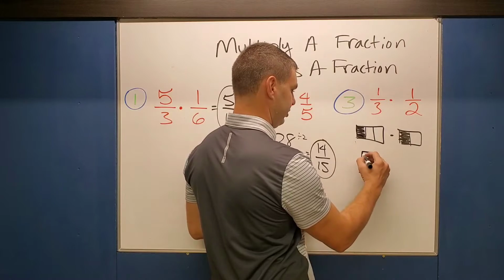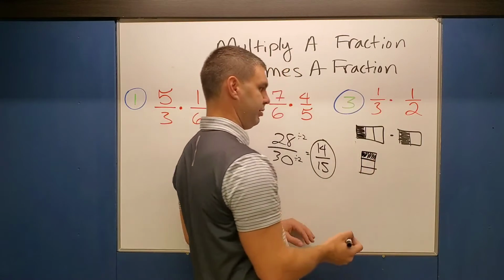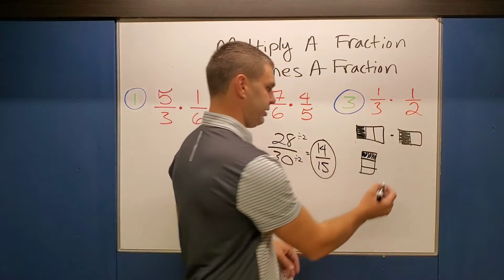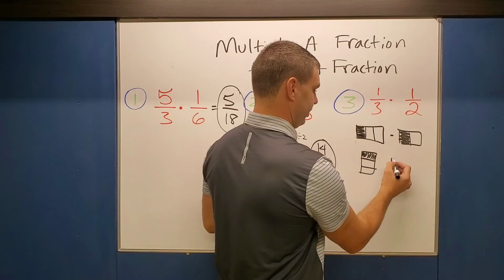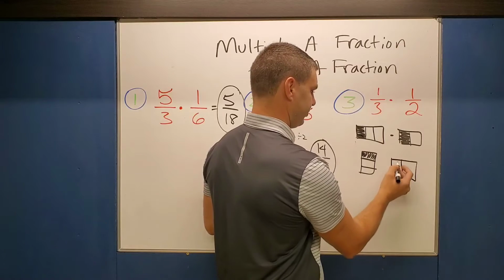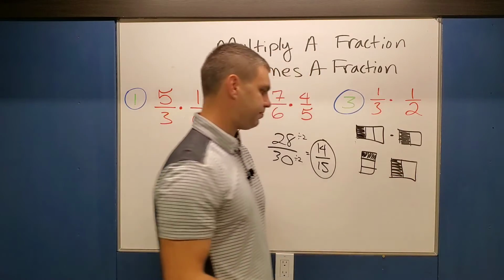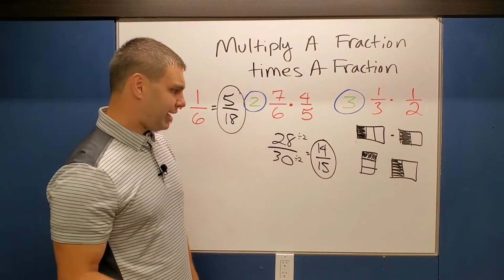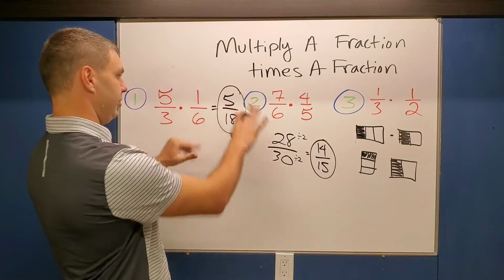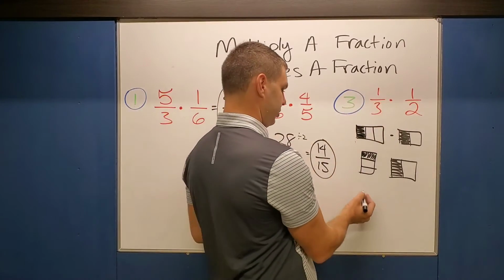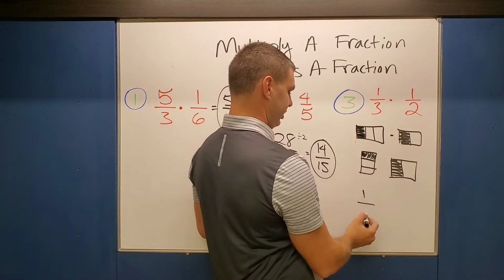Turn it vertical, and I'll maybe make this top one my colored in part. And then the other one's just going to stay the same. I want this verticalness to be the same as this, this width right here, like that. Okay, so what's happening here is when you multiply 1/3 times 1/2, if I use my rules from before, 1 times 1 on the top should be a 1, on the bottom 3 times 2 is a 6.